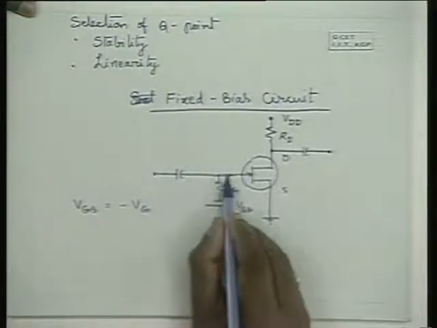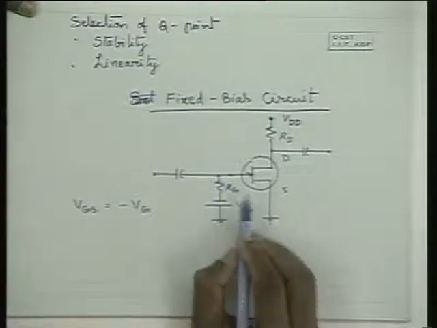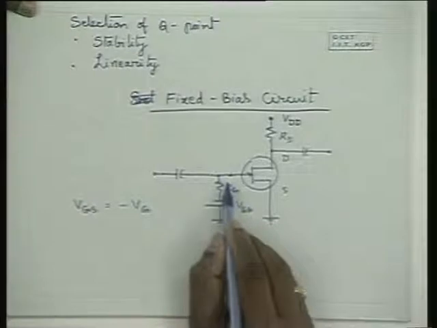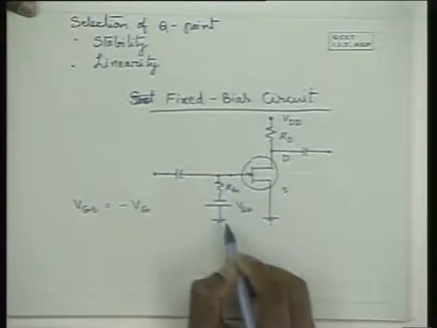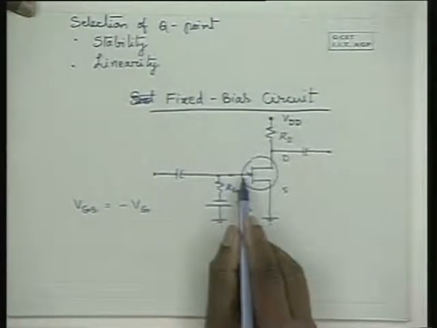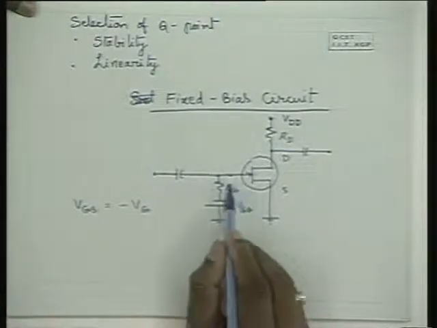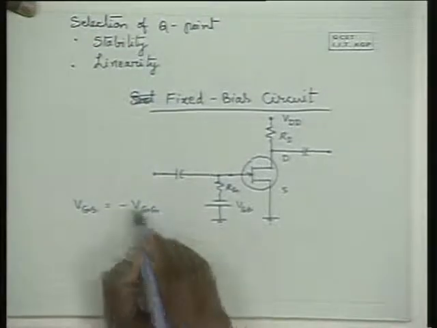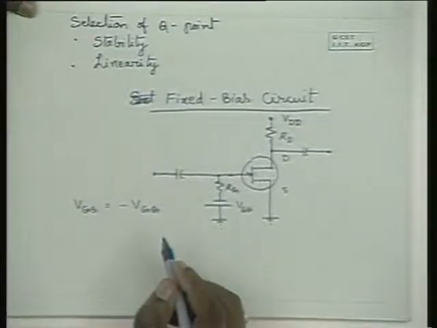This potential minus this potential, the gate to source, is the drop across RG, and since the current is 0 for all practical purposes, the drop across RG is 0, hence VGS is equal to minus VGG. So that means if you want to apply a VGS of minus 2 volts, you simply use a VGG of 2 volts. So the biasing design on the input side is as simple as that.